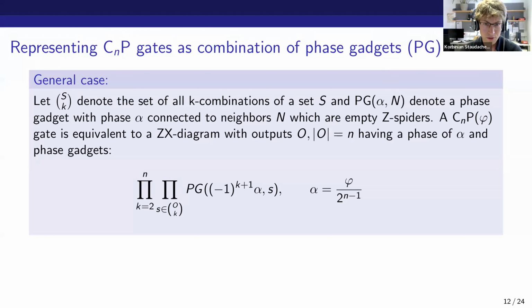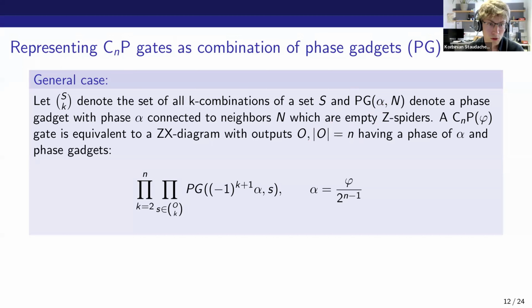So we have phase gadgets, and we go to the size of n. So n denotes the size of our outputs, and then a ZX diagram realizes such a controlled phase gate with the size of n, about an angle of phi here.